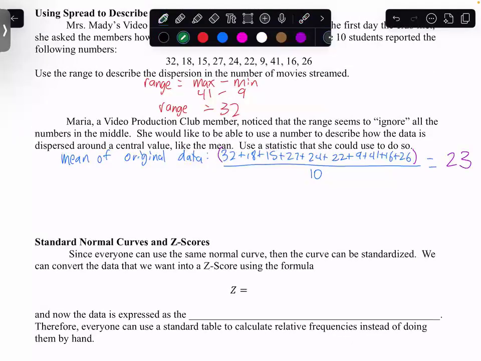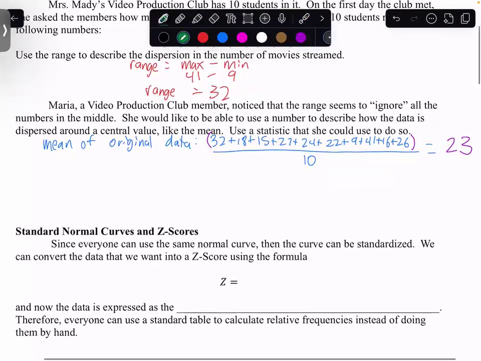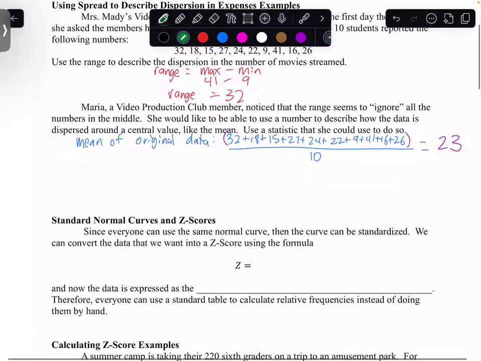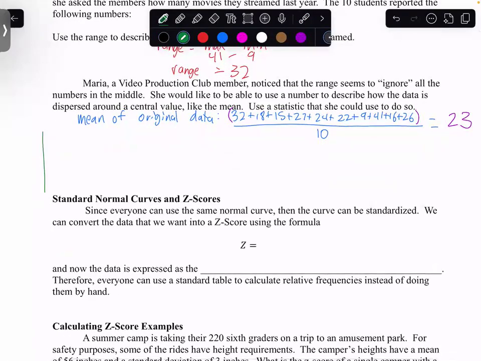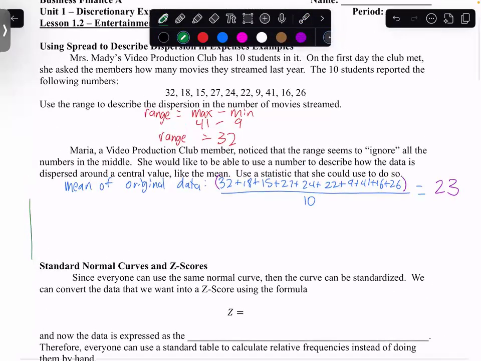Okay, so then what we do from there, we take the original data again. Sorry, this might be a little bit cramped. So let's just copy down the original data points.